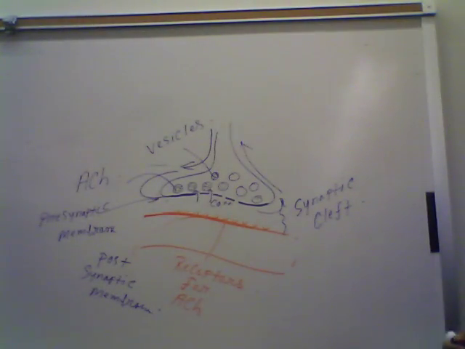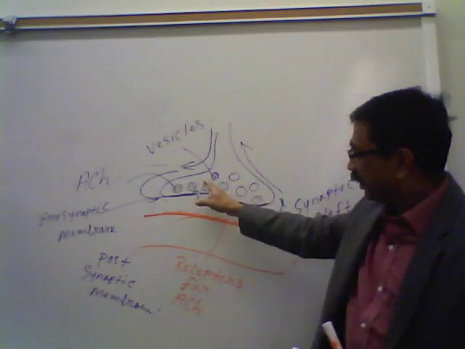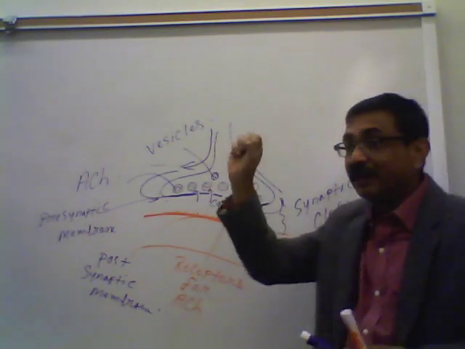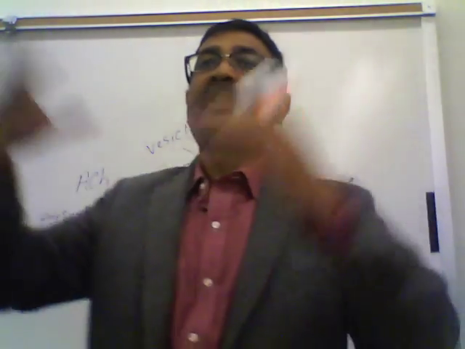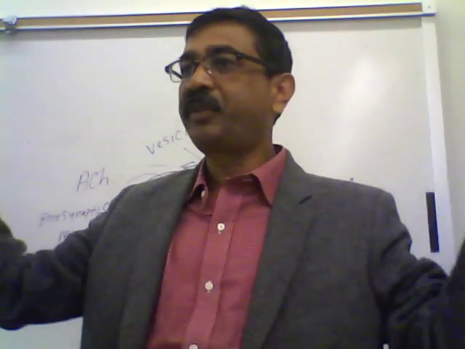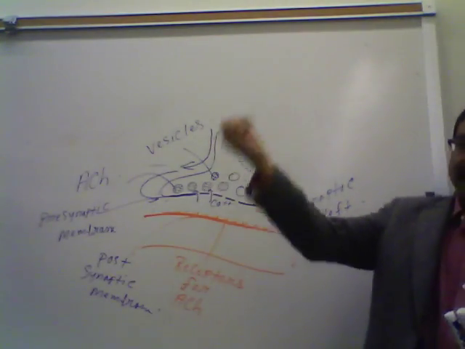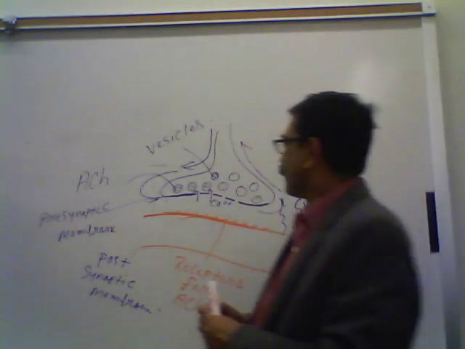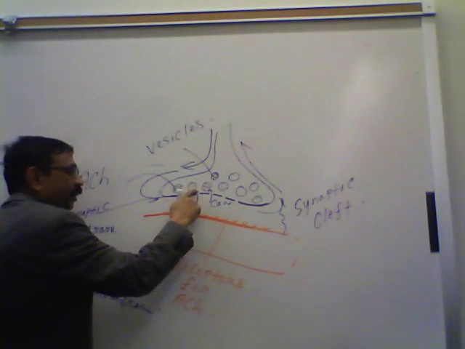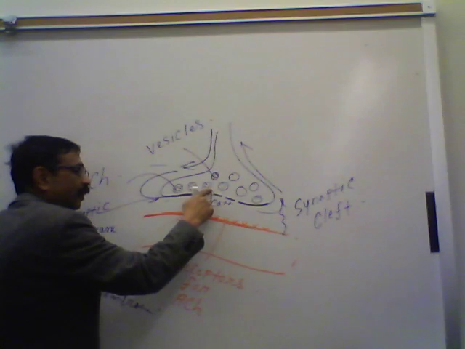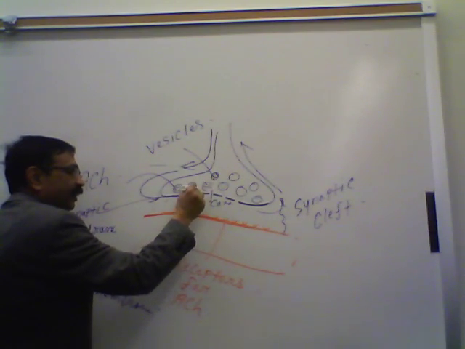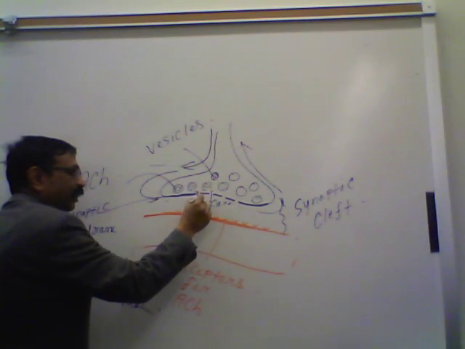The calcium gets in, and it causes rupture, a burst, of the vesicles. That's why you need calcium here, to rupture the vesicles. When the vesicles are ruptured by the calcium, ACH molecules are released.